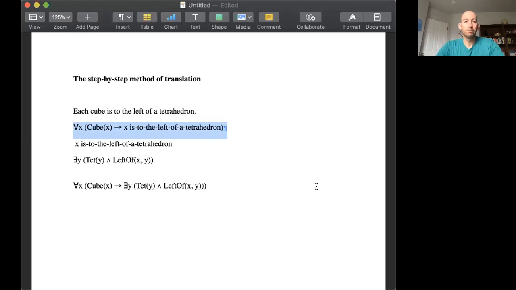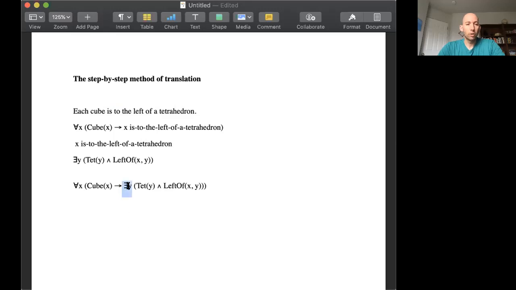As one brief additional note, we could change this logical translation. We could take the existential quantifier and move it to have the sentence in what we call prenex form, where all the quantifiers are out front at the beginning of the sentence.